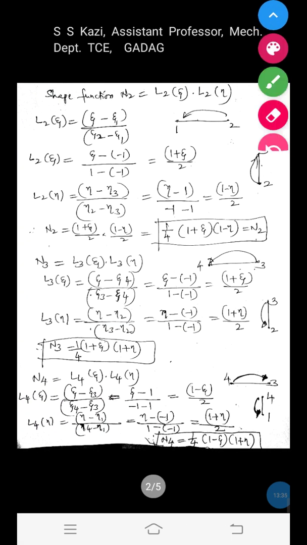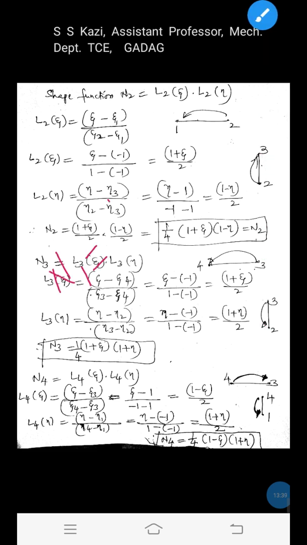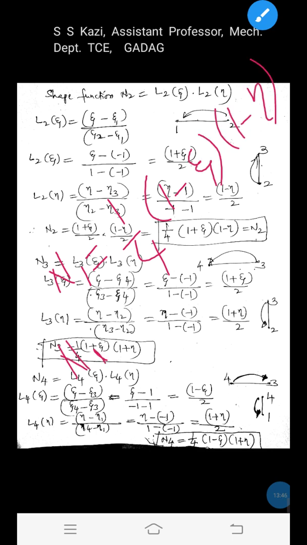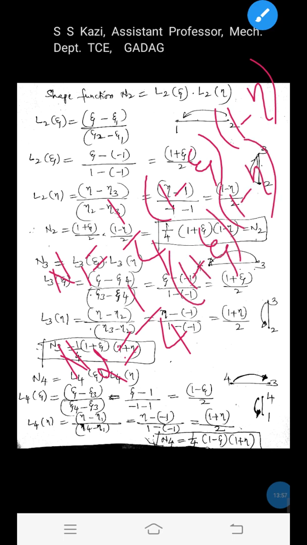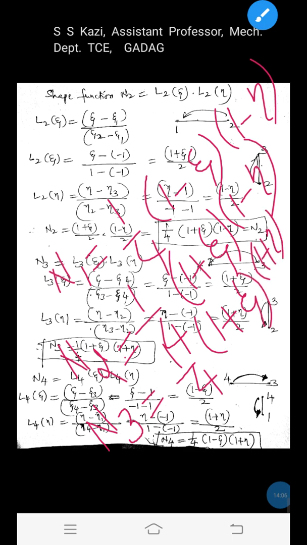Okay, now therefore we have derived the shape functions: N1 is 1 by 4 into 1 minus zeta into 1 minus eta. N2 we got 1 by 4 into 1 plus zeta into 1 minus eta. N3 is 1 by 4 into 1 plus zeta into 1 plus eta.